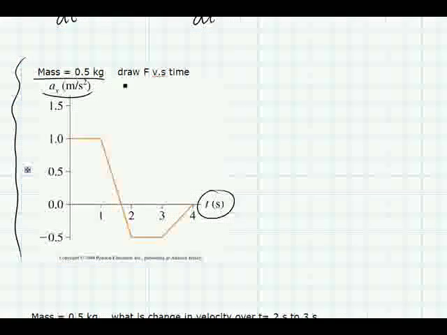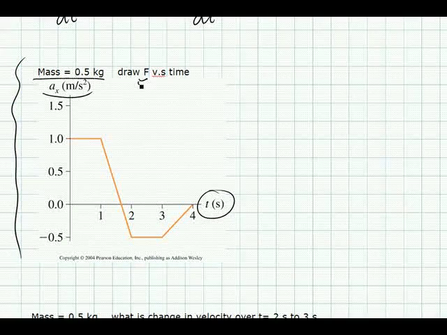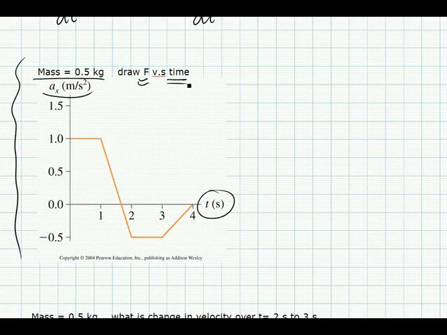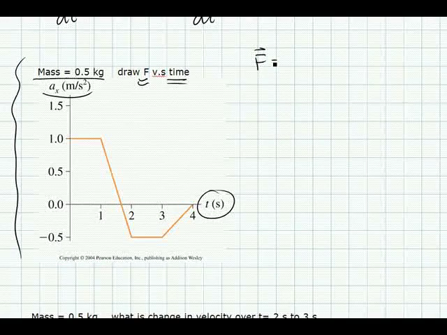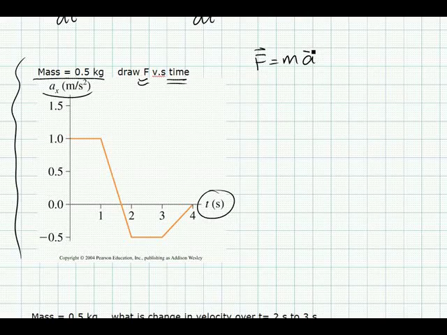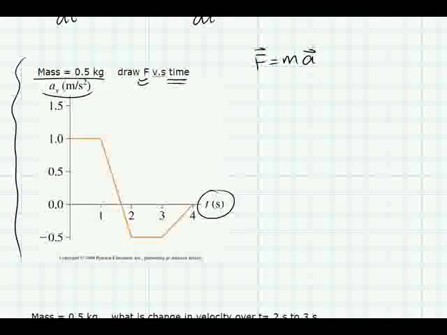If we were to draw force versus time, how would we go about doing that? Well, Newton's second law says that force is equal to mass times acceleration. So converting this plot to force versus time is a simple matter.